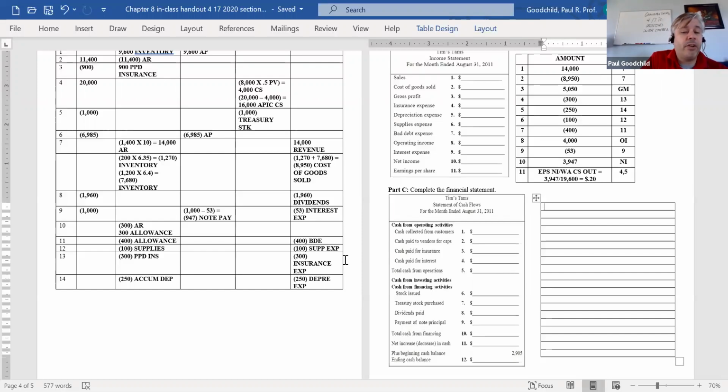So I had another question that said, why is it 400, not 1,000? In part 5, $1,000 is what the cost was to purchase those shares back, but there were 400 shares.